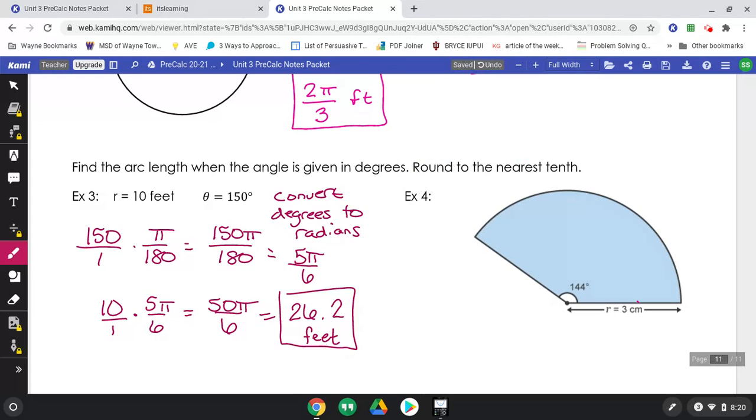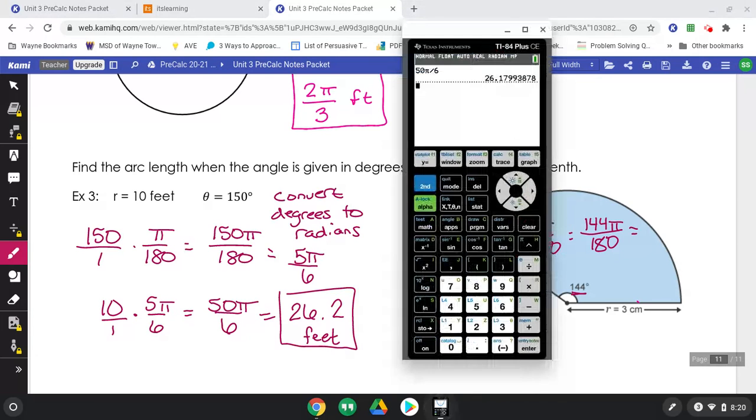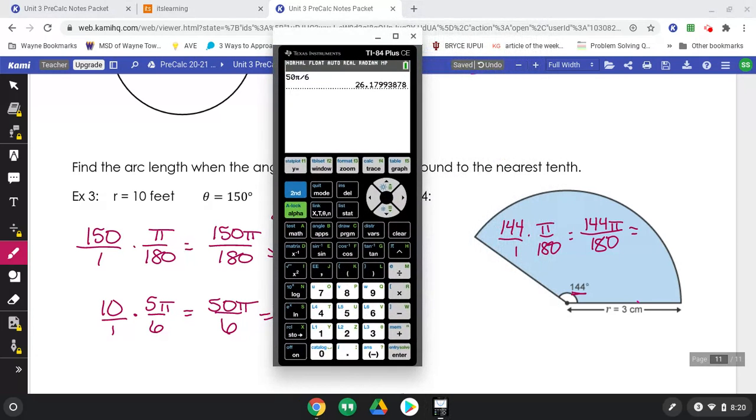All right, and for the last one, example 4, there's our angle 144. We're going to have to convert that. So 144 times pi over 180 gives you 144 pi over 180, just multiplying across the top and the bottom. And then we reduce this. When we reduce, we don't put the pi in.